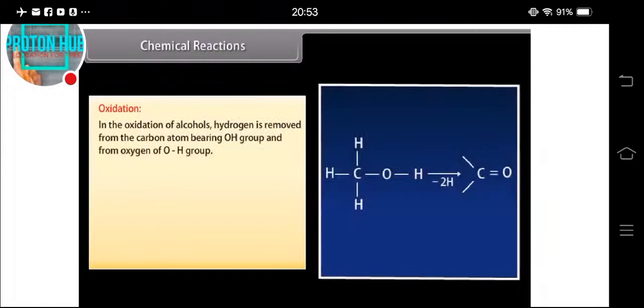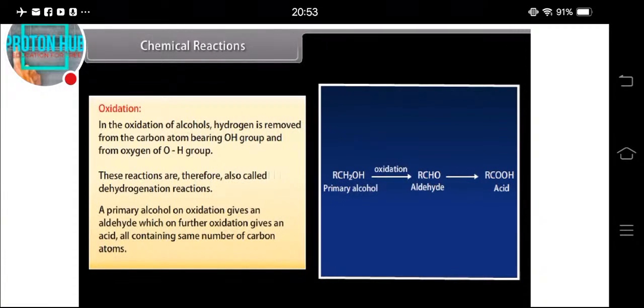Oxidation. In the oxidation of alcohols, hydrogen is removed from the carbon atom bearing OH group and from oxygen of OH group. These reactions are, therefore, also called dehydrogenation reactions. A primary alcohol on oxidation gives an aldehyde, which on further oxidation gives an acid, all containing the same number of carbon atoms.